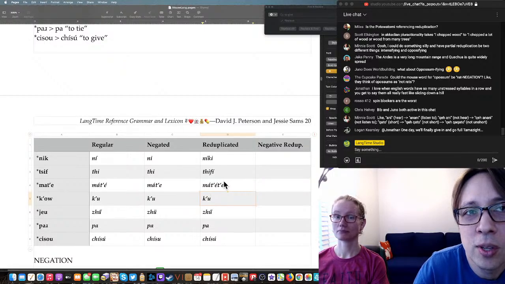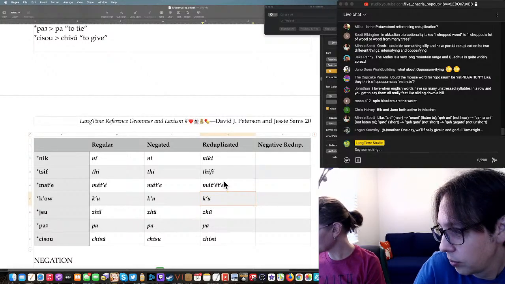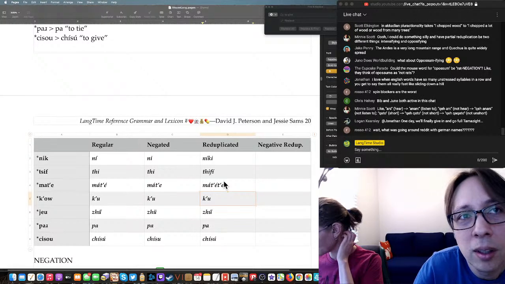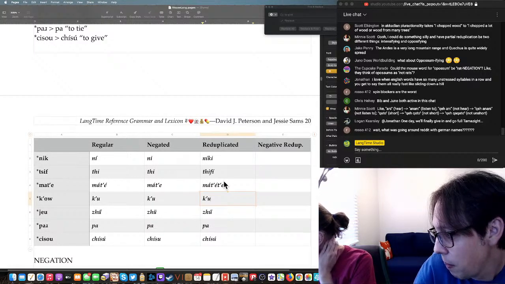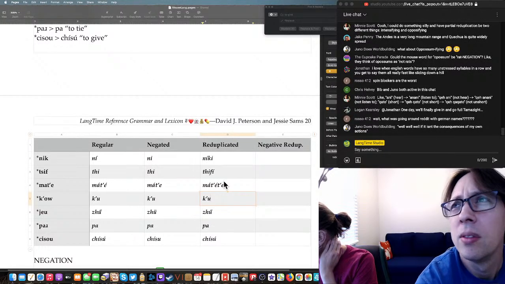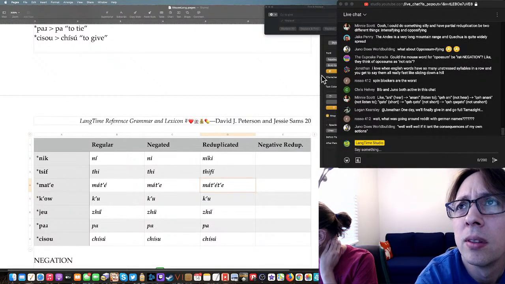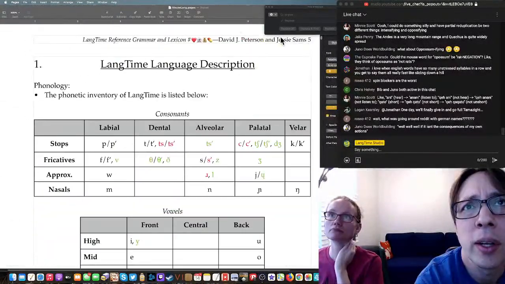What happens to W when it's an onset? Does it become a V? W followed by what vowel? O. Wait, we don't do anything. Just a second. It becomes V in front of O, because it is a real proto consonant.